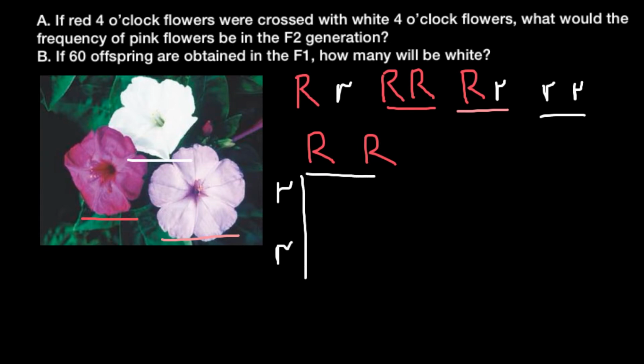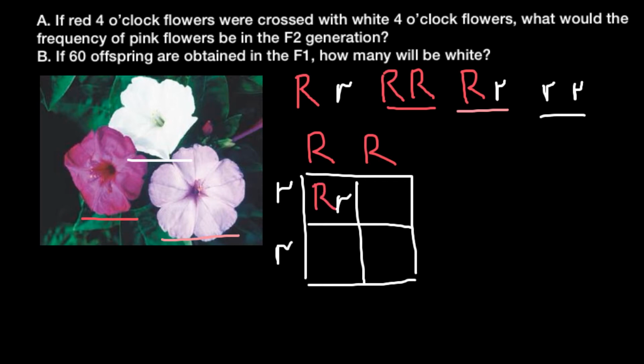If we build a Punnett square, we can find all the possible genotypes, phenotypes, and their frequencies. So here we would have capital R small r in all four boxes.